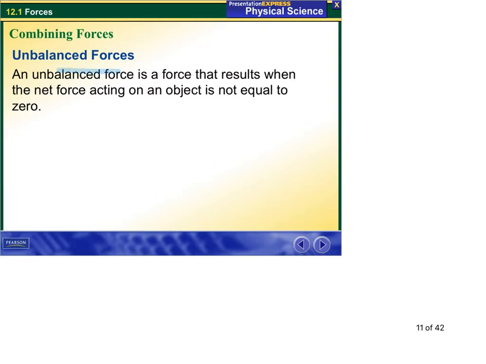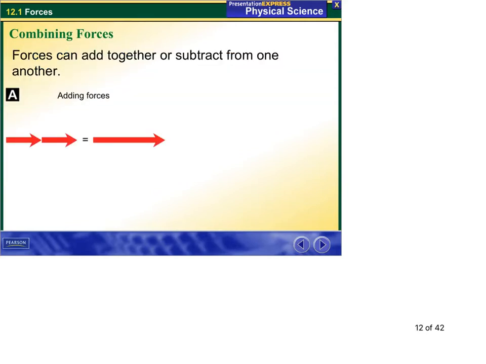Unbalanced forces happen when the net force is not equal to 0. And unbalanced forces will always cause an acceleration, as we stated earlier. So forces can add or subtract from one another.